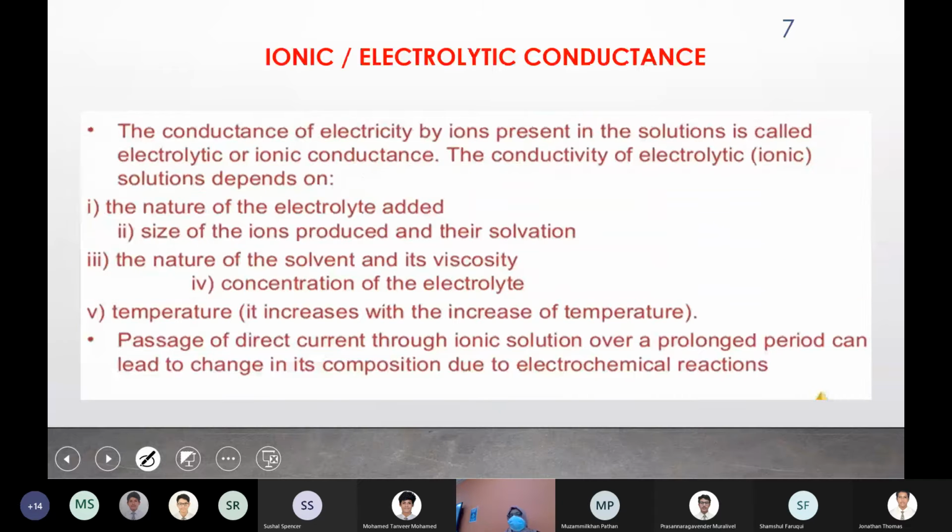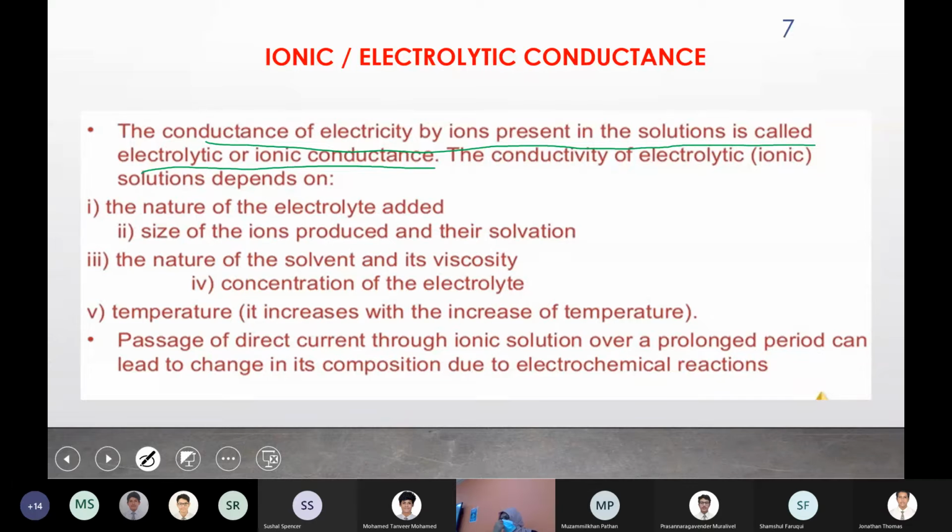Next heading, ionic or electrolytic conductance. Usually conductance in a material is for the solid material. Similarly, ionic and electrolytic conductance is for the solution. That means the conductance of electricity by ions present in the solution is called electrolytic or ionic conductance. The conductance in a solid is because of movement of electrons.